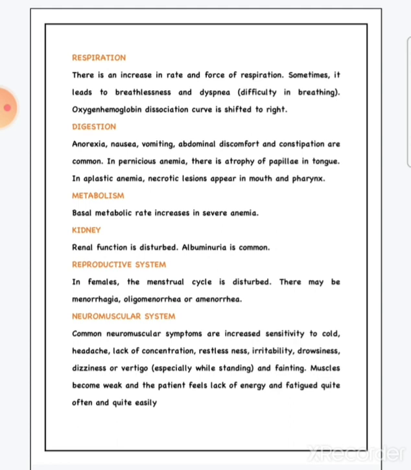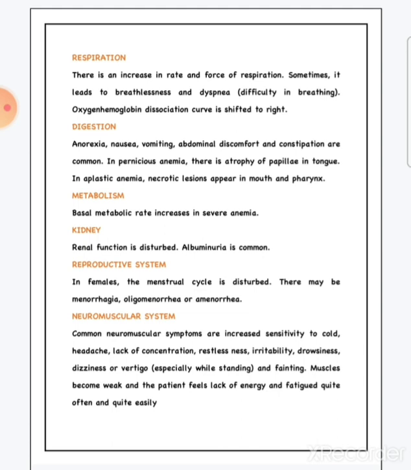Coming to the digestion, there is anorexia, that is loss of appetite, nausea, that is feeling of vomiting, and there is vomiting, abdominal discomfort, and constipation.